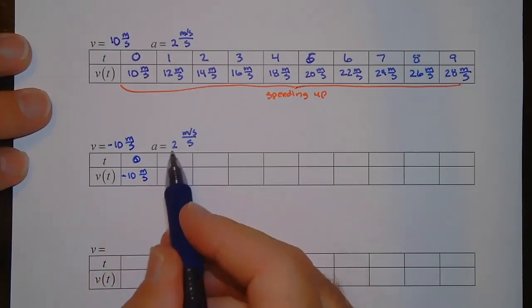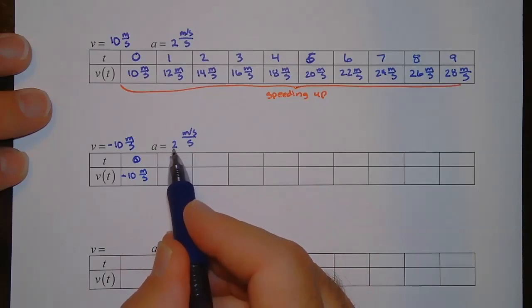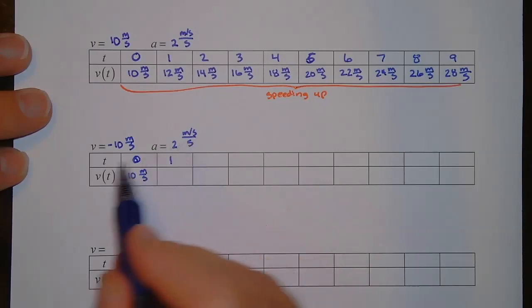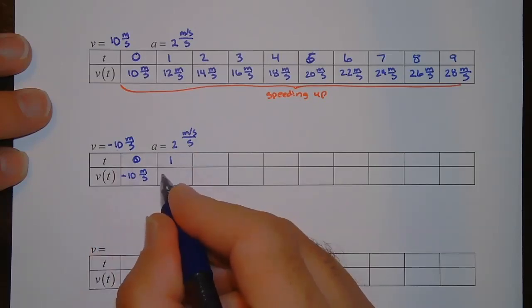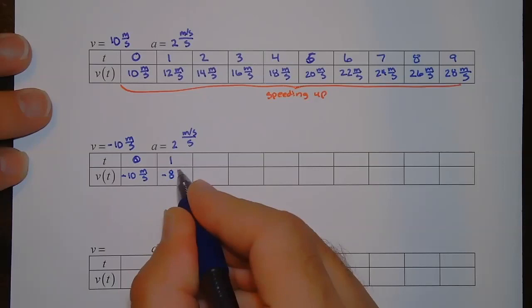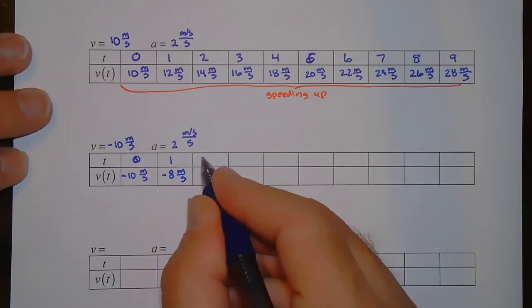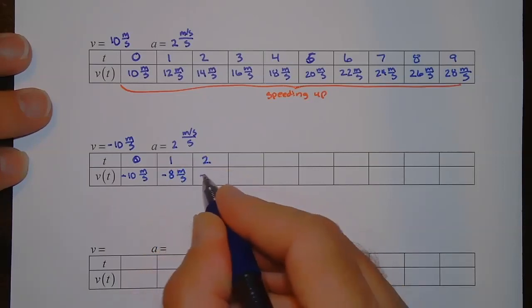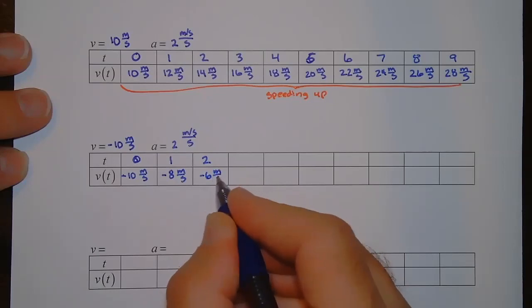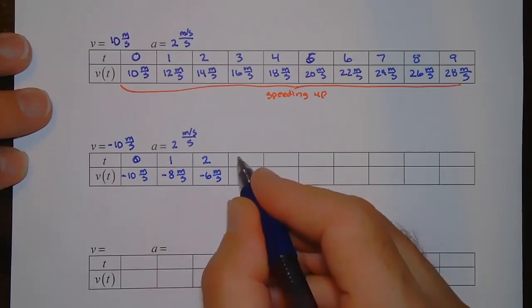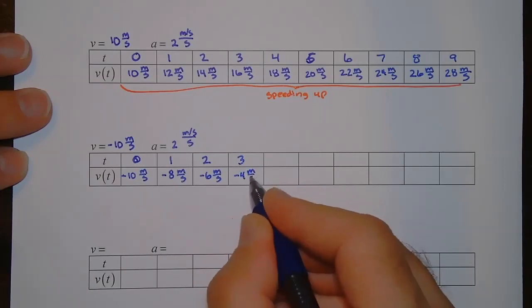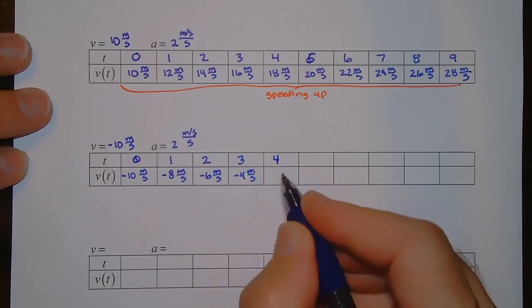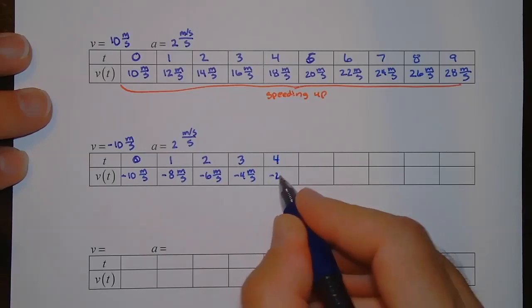One second later, it adds 2, which would make it negative 8 meters per second. At 2 seconds, we'd be at negative 6, because I'm adding 2 to the negative 8. At 3 seconds, negative 4 meters per second. At 4 seconds, negative 2 meters per second.